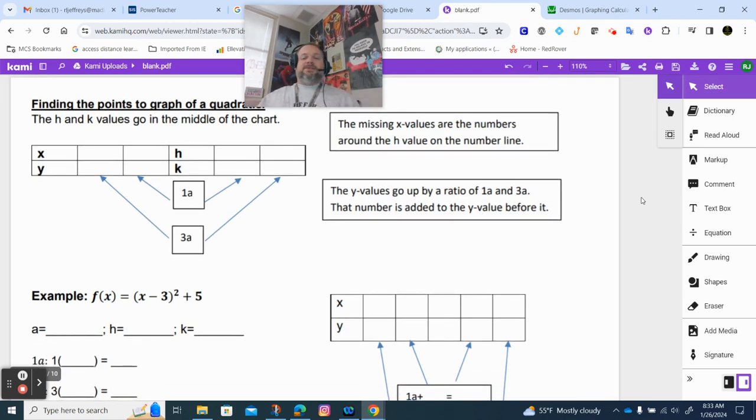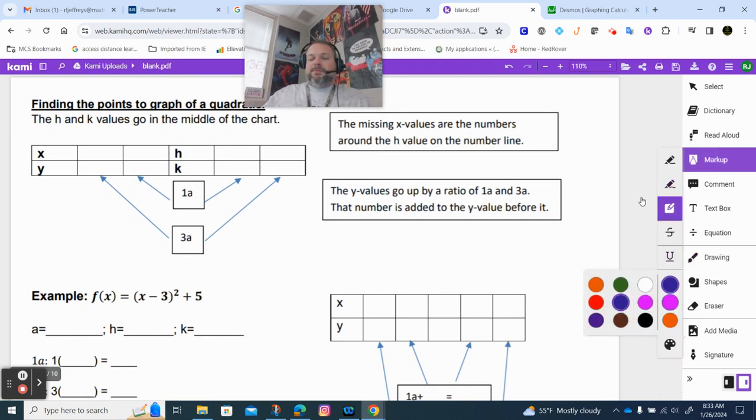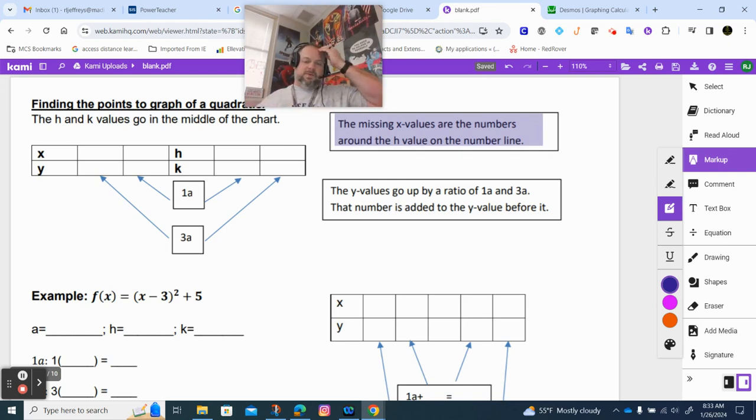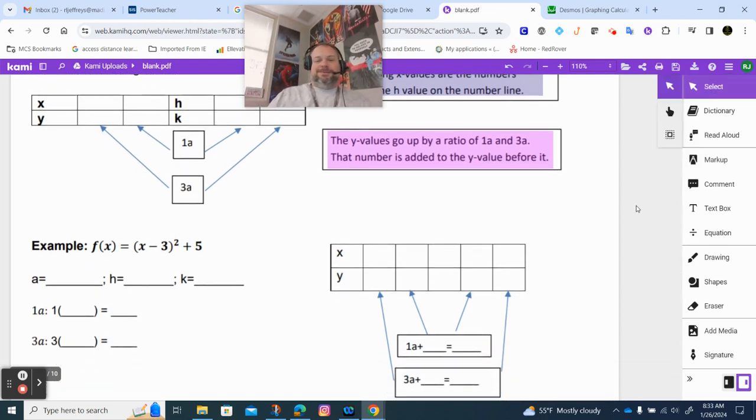When it says the missing x values are along the number line, we're going to go through that. This is the part where people normally get really confused, but I think the way I've stepped it out for y'all, it's going to be a little bit better. I might, by the time I retire, have this teaching thing down pat. Who knows? That's a big maybe.